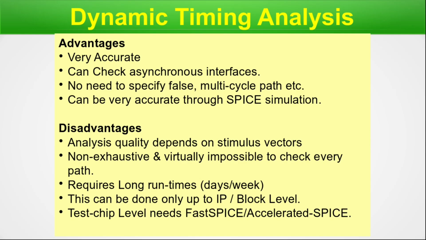So for that, the test chips are defined, all the test vectors are defined, and for such a large block to run the SPICE simulation, we need fast SPICE or accelerated SPICE. I like to emphasize here that these are industry only SPICE. That means you cannot get them outside the industry. So these very much stay inside the industry.